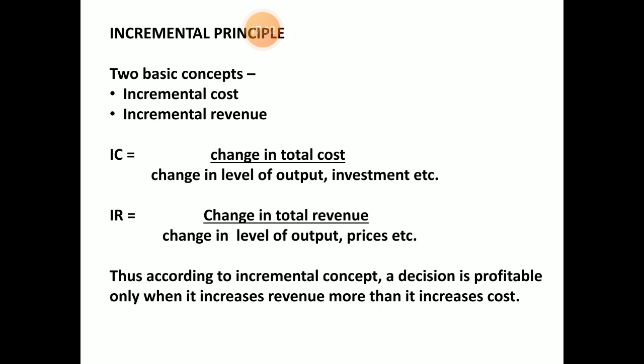So in the case of incremental cost, it is 2%. In the case of incremental revenue, it is 3%. So in this case, we see that incremental revenue is greater than incremental cost, and hence it will be a profitable decision to undertake new investment. I hope it is clear.